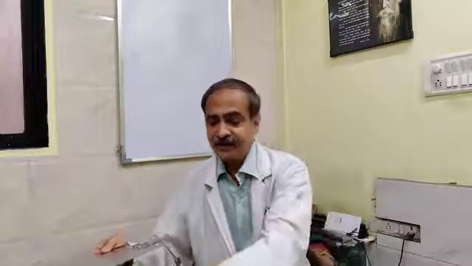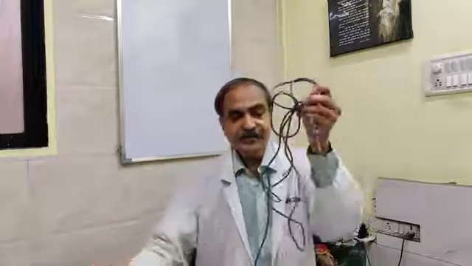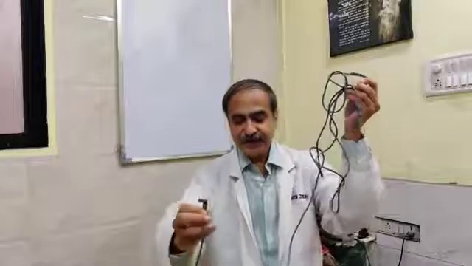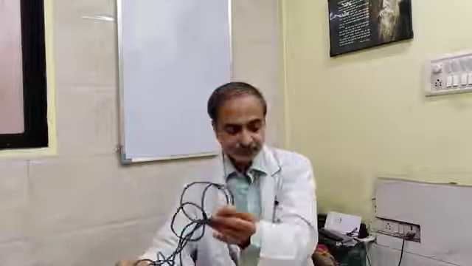Then comes the high frequency cord. One has to see that the connection with the loop, that is actually the working element, has to be dry, it should be properly fitting, it should have good insulation, and it should be properly connected to the cautery unit.